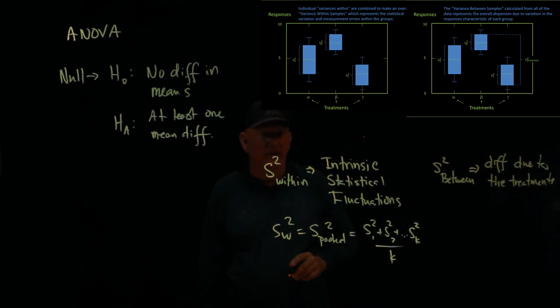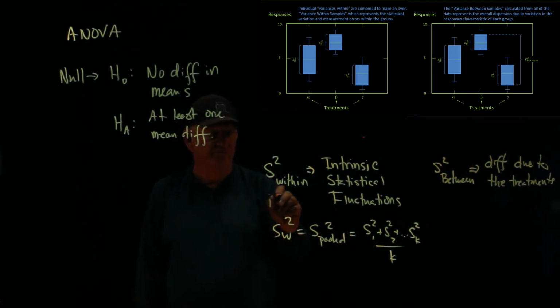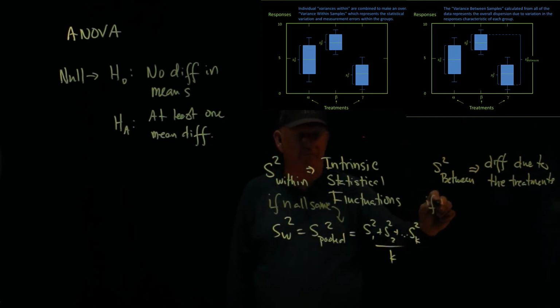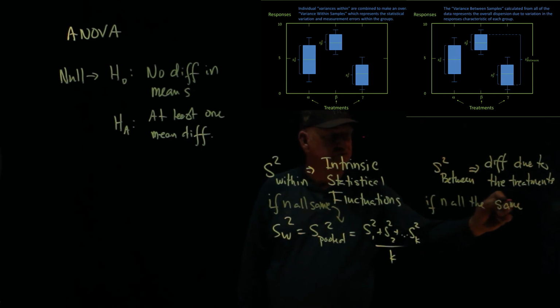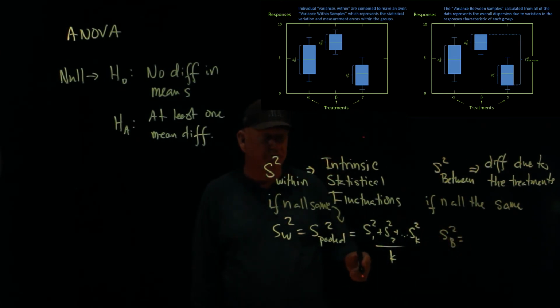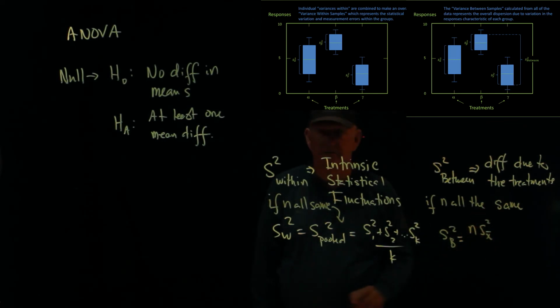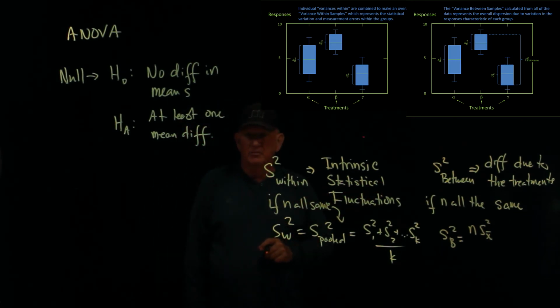Again, in the case where n is all the same, there's a simple calculation for that. The variance between is just equal to n times the variance of all these averages. Take those three numbers, calculate the variance, and multiply by n, the number in each group.